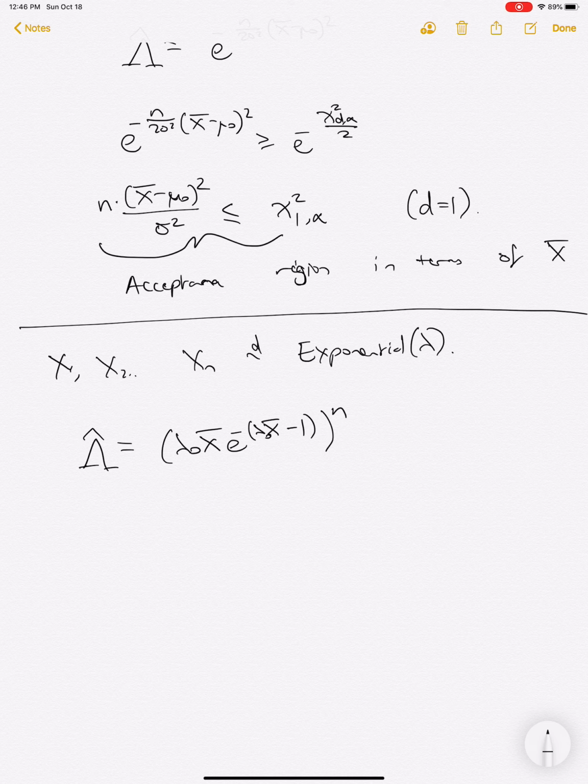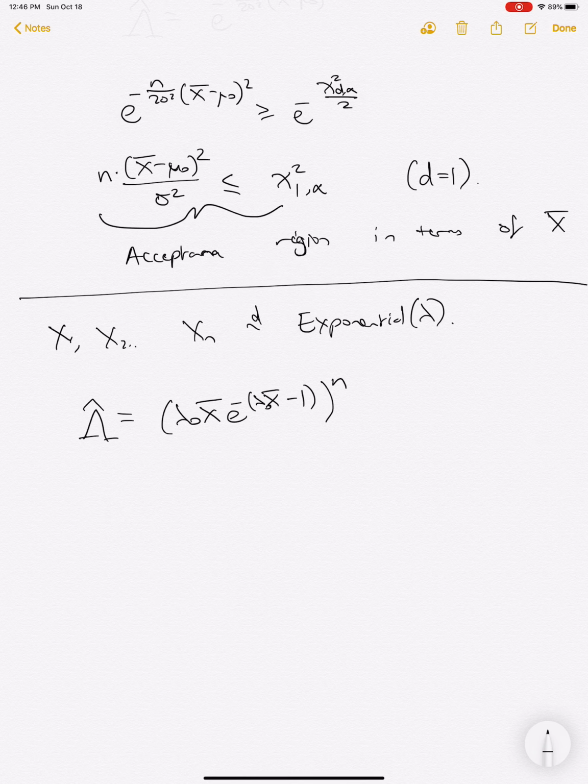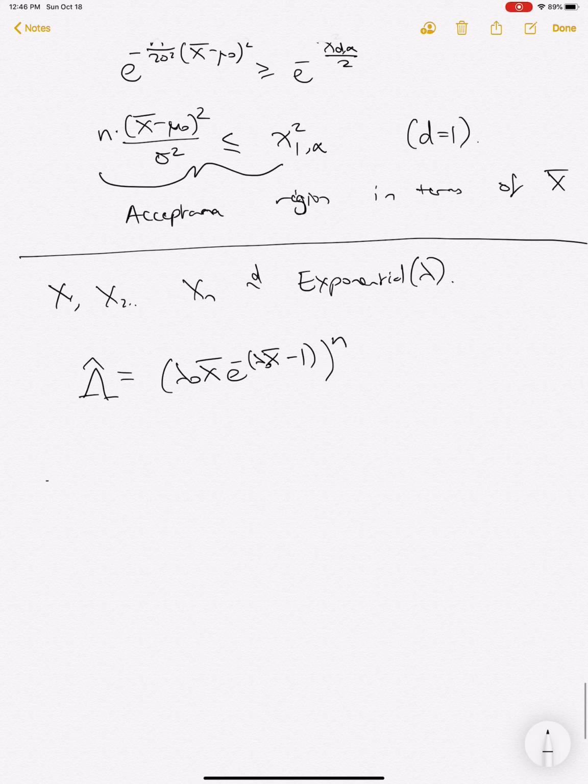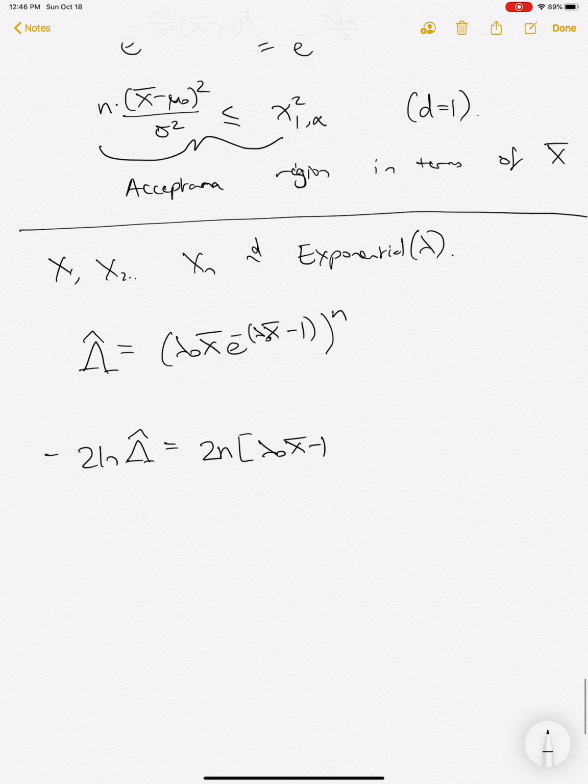And if we look at negative 2 ln of gamma hat, that's just equal to n times 2 times lambda 0 x bar minus 1, minus ln of x bar lambda 0.